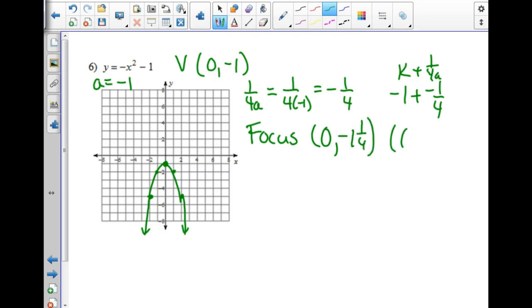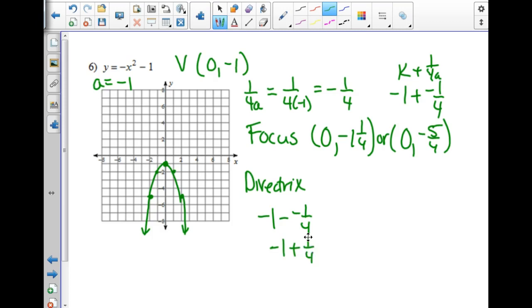If you want to write it as 0, -5/4, you can. So it's one answer or the other. And then the directrix, I've got to take -1, the k value, and subtract the -1/4, which gives me -1 plus 1/4, and we already figured out what that is too. y equals -3/4.